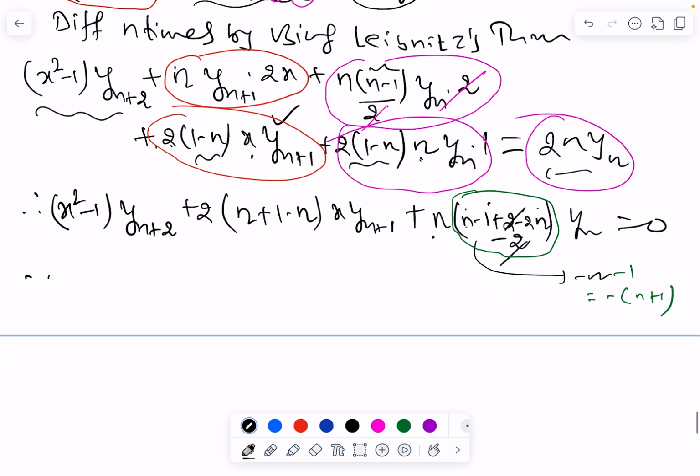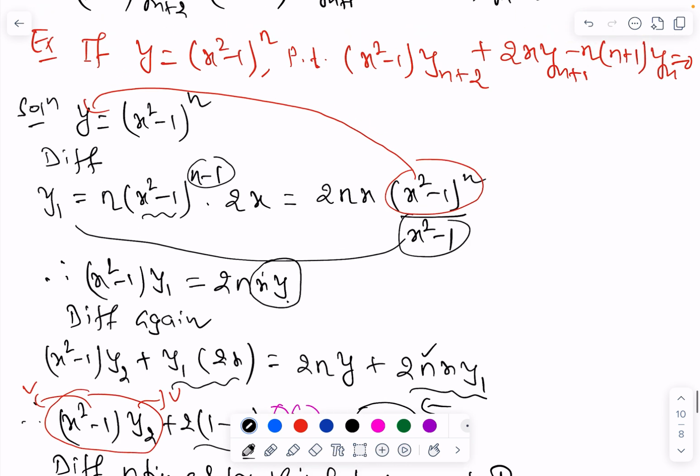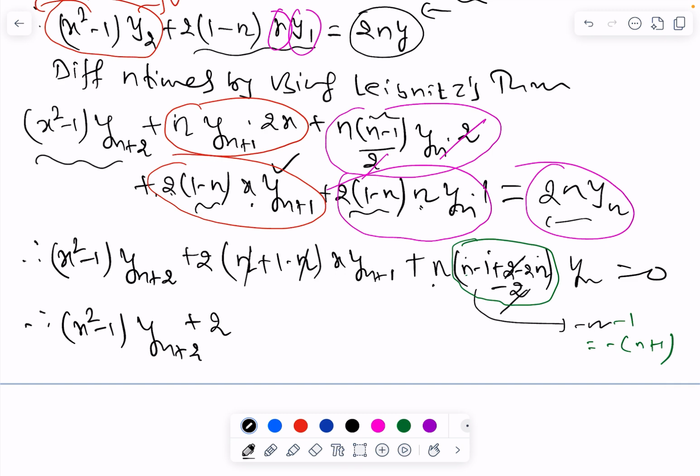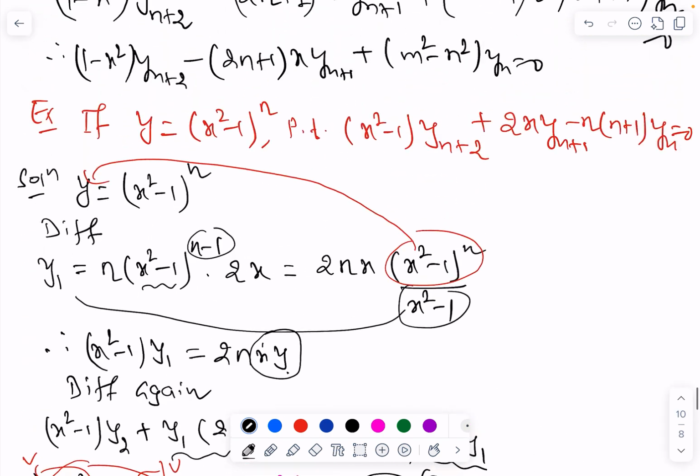So this is equal to (x square minus 1) y_{n+2} plus 2x y_{n+1}.